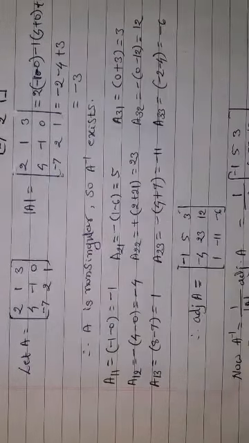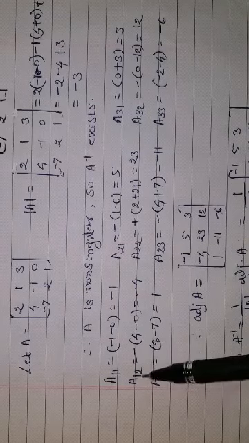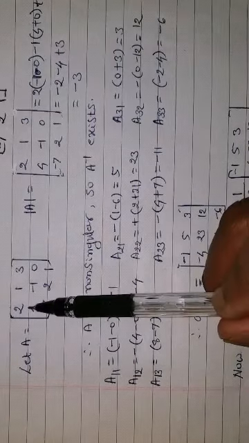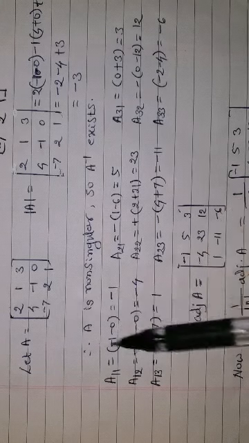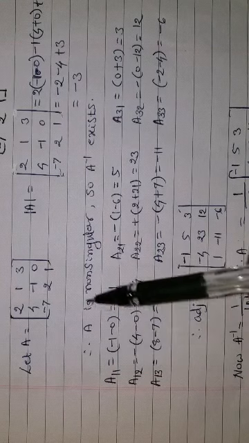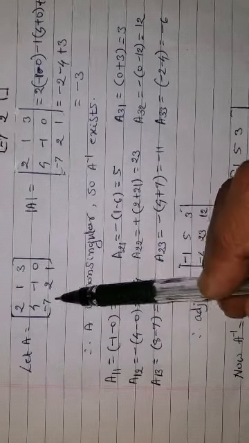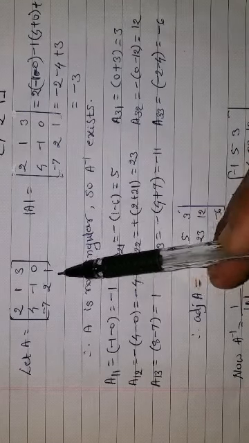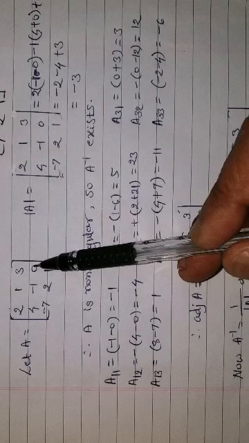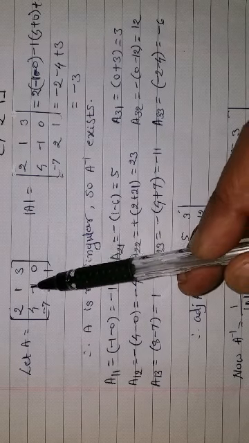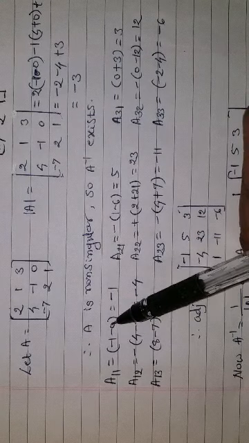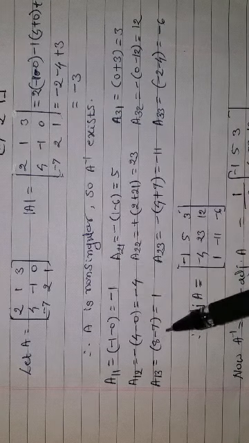Then we have to find the cofactors, starting with the first element, A11. Leave this row and this column, and we get the square matrix minus 1, 0, 2, 1, so minus 1 into 1 minus 0 gives minus 1.